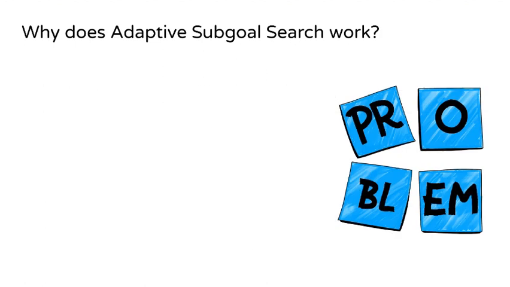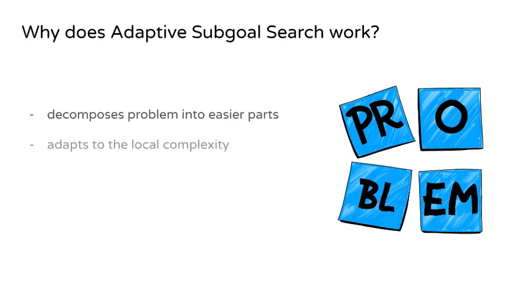What are the properties of adaptive subgoal search that make it successful? The key idea behind this algorithm is that it decomposes complex problems into easier parts that can be solved one by one. The adaptivity mechanism makes it resilient, both to the local complexity of the task and to the challenges not encountered in the training distribution.